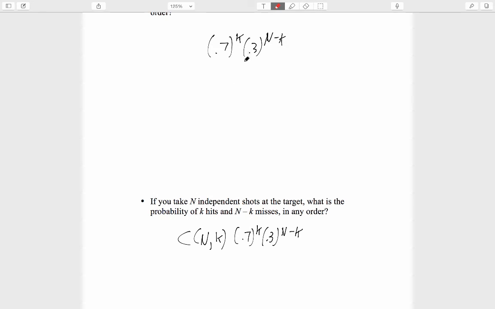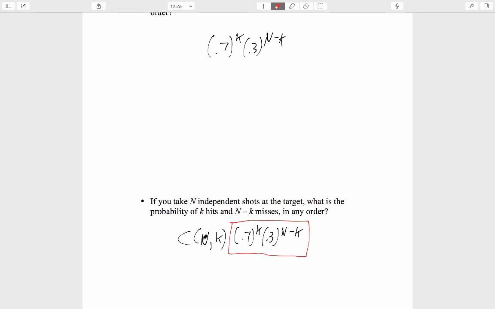If you believe the answer to the previous question, that this number right here really is the probability of k hits and n minus k misses in one specific order, then to find the probability of k hits and n minus k misses in any order, we have to add up as many copies of this number boxed in red here as there are different possible orderings of k h's and n minus k m's in a word with that many total letters. And n choose k is exactly the entry of Pascal's triangle which counts that number of words.